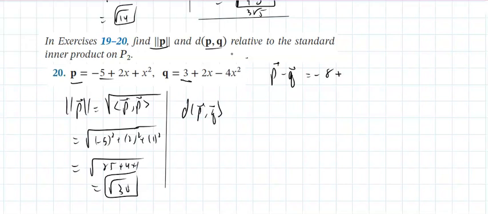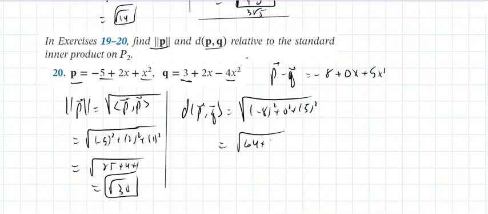Plus, I'm going to write it just for the notes, 0x, and x squared minus, that's 5x squared. And if you want to find that, that's simply the square root of negative 8 squared, and again, just for the notes, I know 0 doesn't change anything. And what is that? That's the square root of 64 plus 25. That's the square root of 89.